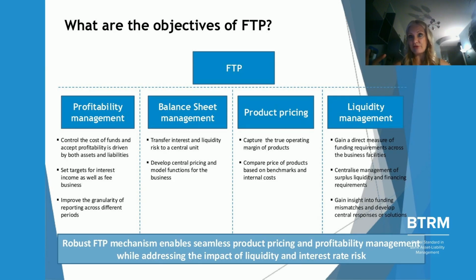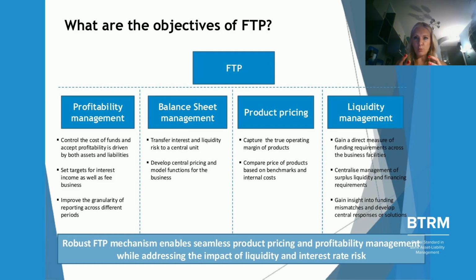Then you have another aspect, which is balance sheet management, because as we said, we are transforming the risks from the business unit to the central unit, to be centrally managed by one unit. And this one unit is the ALM Treasury Department.